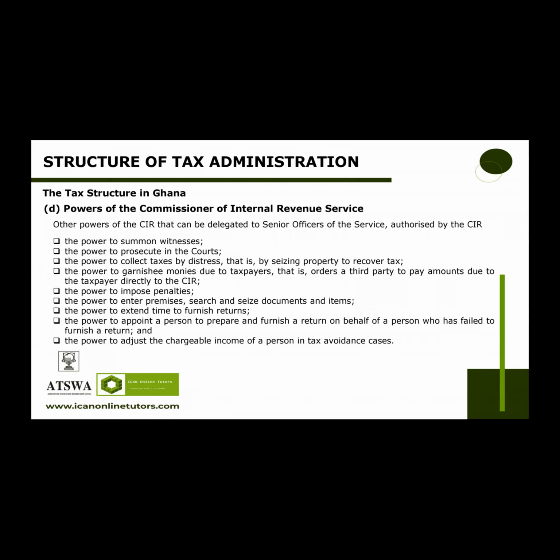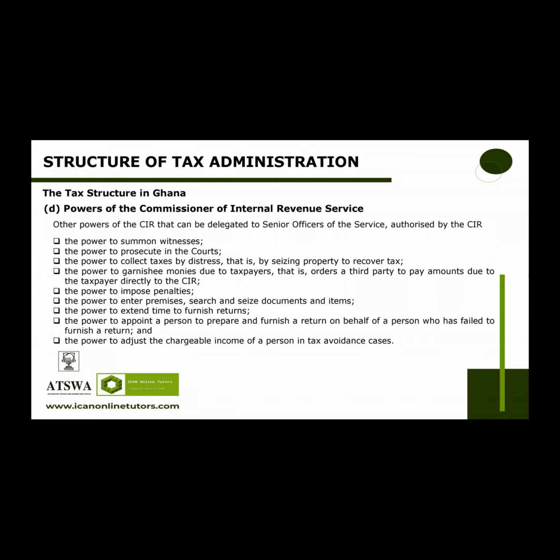Again, notwithstanding the above listed powers that can be delegated, there are certain powers that cannot be delegated to senior officers, but can only be delegated to officers of the rank of senior inspector of taxes up to the deputy commissioners of Internal Revenue Service.